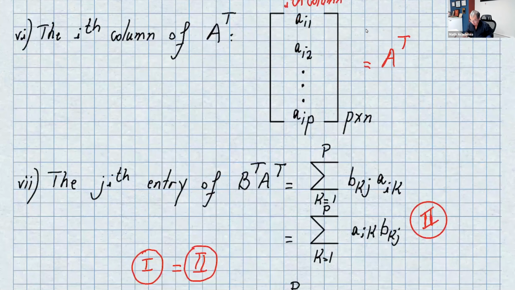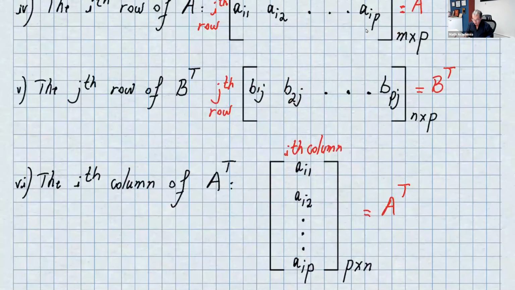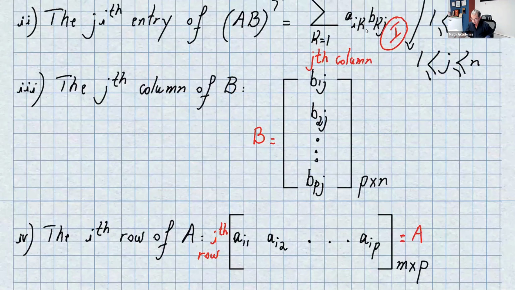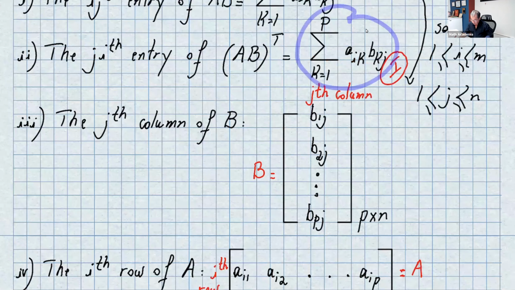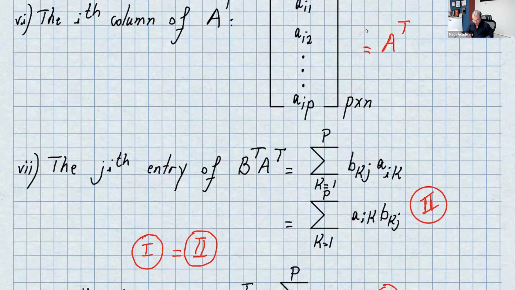But that's the same thing as writing A_ik first and then B_kj second. And I call that number 2. And guess what? If you check number 1, if I go up, number 1, we had that. Number 2, we have the exact same thing. So 1 equals 2.